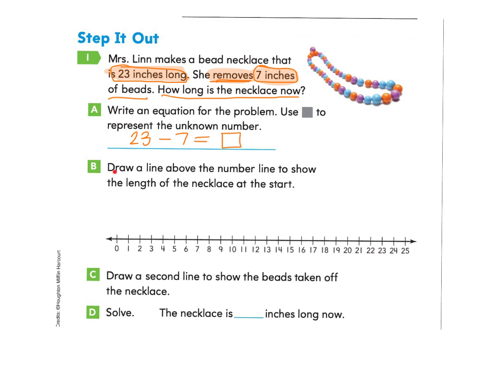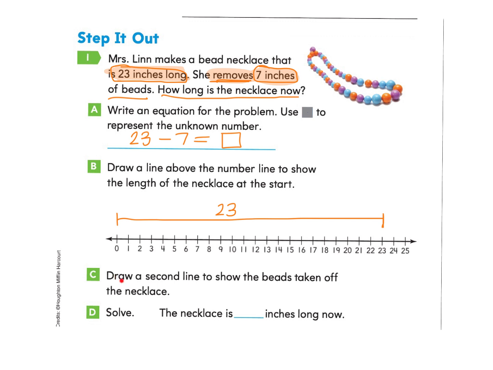Okay, part B asks us to draw a line above the number line to show the length of the necklace at the start. What was the length of the necklace at the start? It was 23 inches. So we will draw a line from 0 to the 23 mark and write the number 23 to represent this first number.